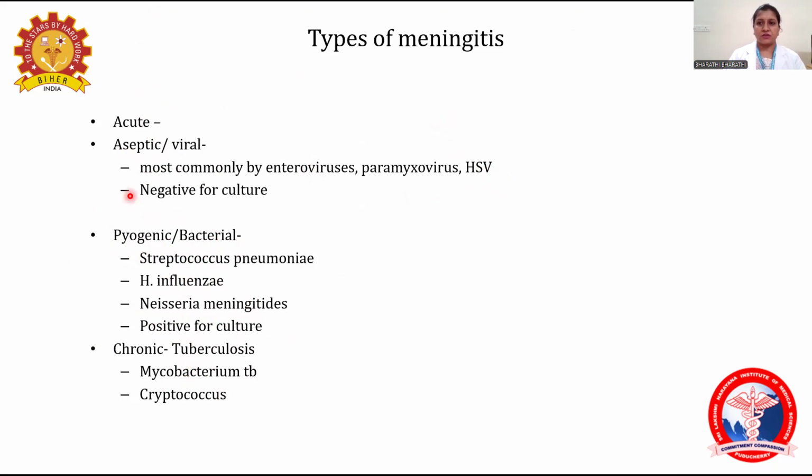It is most commonly caused by tuberculosis, that is Mycobacterium. Other than that, Cryptococcus can also cause chronic meningitis. So we should be aware of acute and chronic, and in acute it is aseptic and septic, based on whether it is positive or negative for culture.